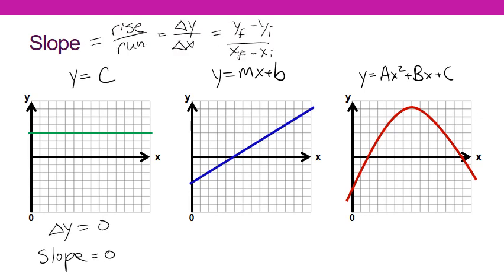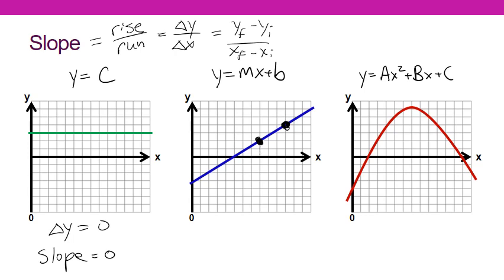Our linear graph ends up still being pretty simple. If we looked at our straight line graph, we can look at 2 points, right? Maybe this point right here and this one right here. And we can calculate the slope between those 2 points.